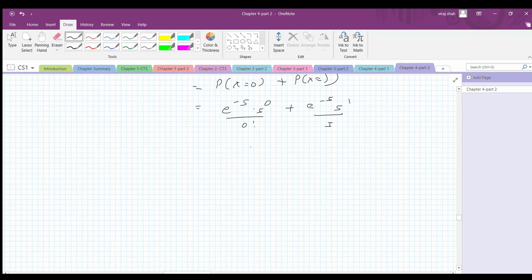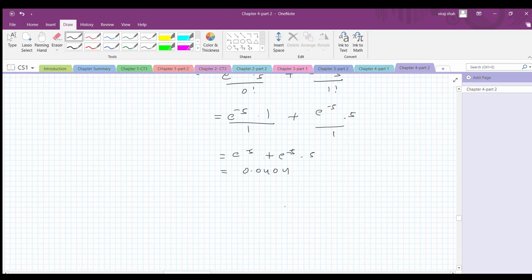So I would get e raised to minus 5, 5 raised to 0 is 1, 0 factorial is 1. Similarly, e raised to minus 5 into 5 raised to 1 is nothing but 5, divided by 1 factorial, which is 1. So I get e raised to minus 5 plus e raised to minus 5 into 5. If I feed this in my calculator, I'll get a probability of around 4%.